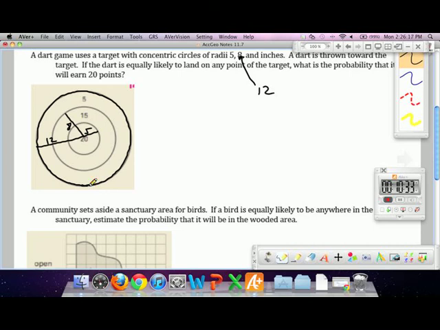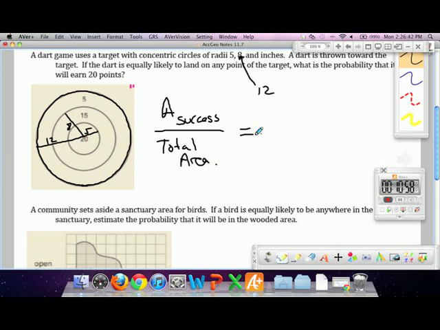So in general, I'm going to compare the area of the success compared to the total area. Our success we're defining to be earning a 20-point shot, or the bullseye. So what's the area of the bullseye in this case?